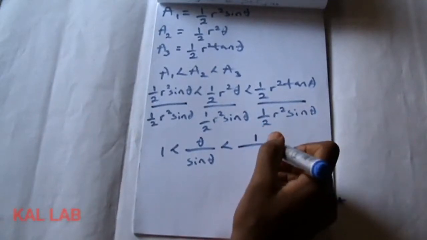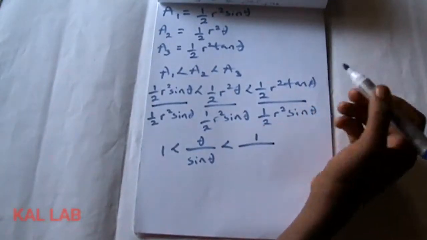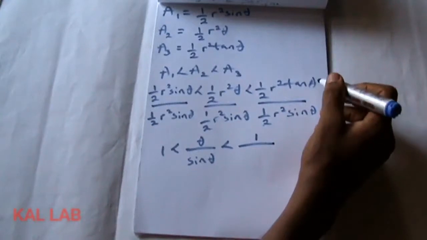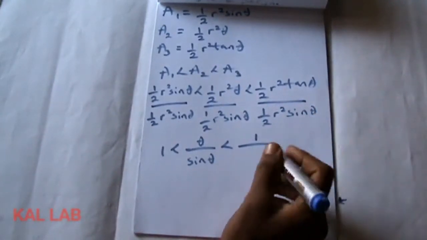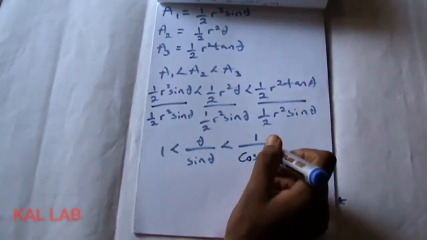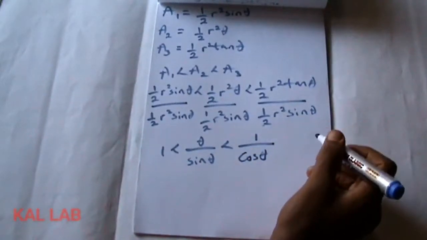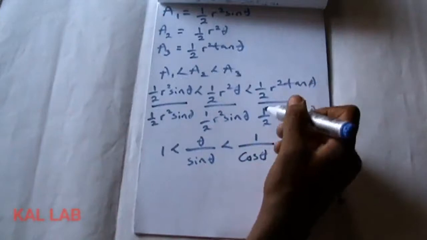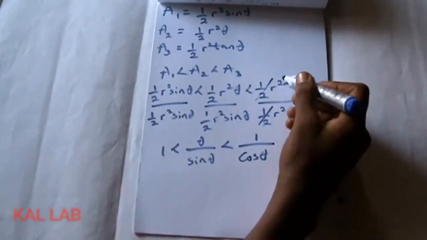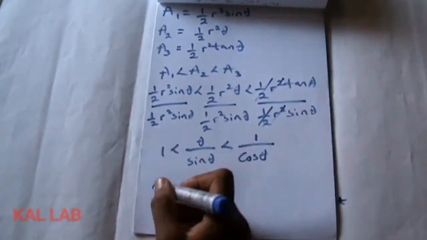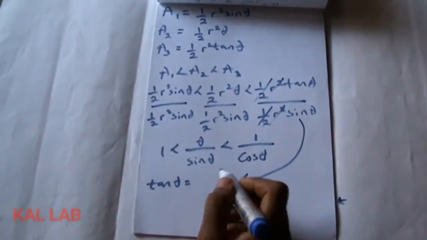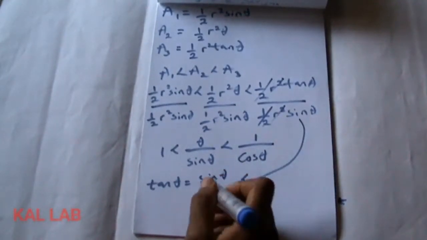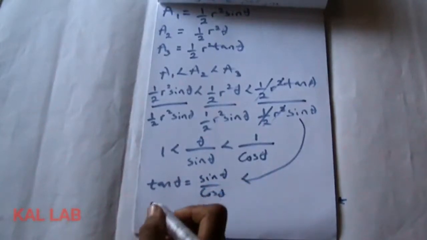tan theta over sine theta. Tan theta is equal to sine theta over cos theta, so this is 1 over cos theta. Now how did we get this?